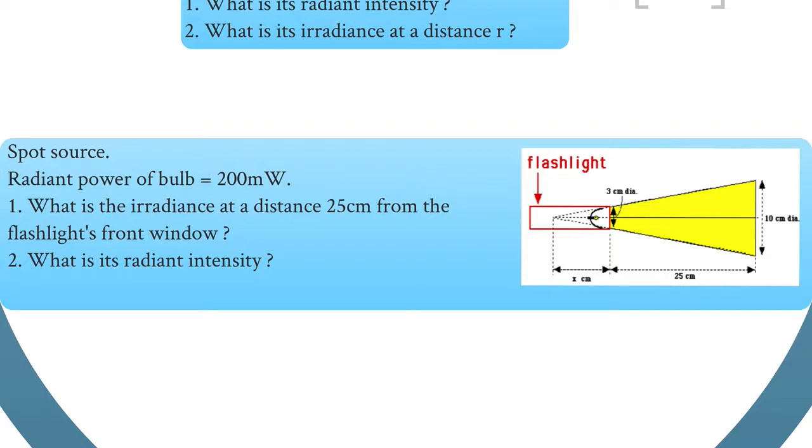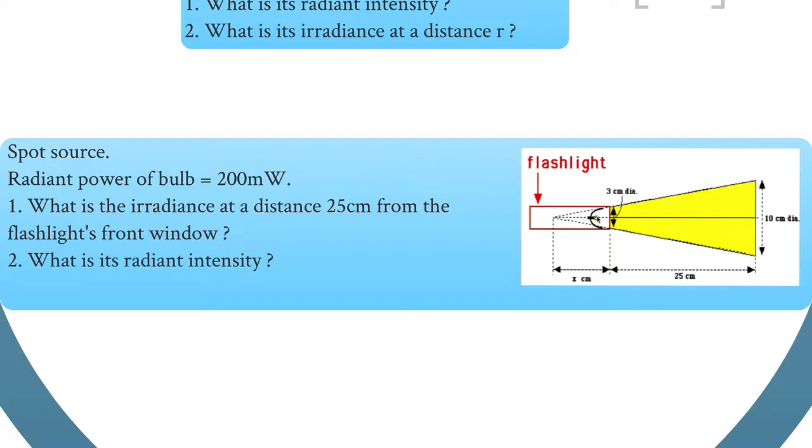This source here has radiant power of 200 milliwatts. The geometry is given there. So the 3 centimeter diameter of the source, and it forms a spot of, let's say, 10 centimeters, about 25 centimeters away. So that gives you an idea of what the divergence of the source is.